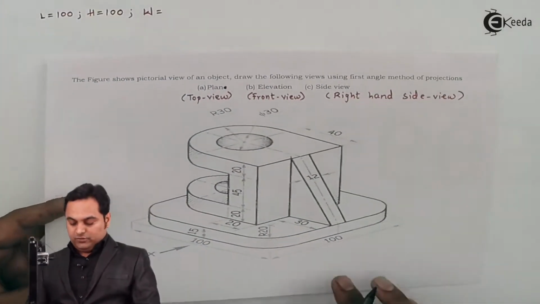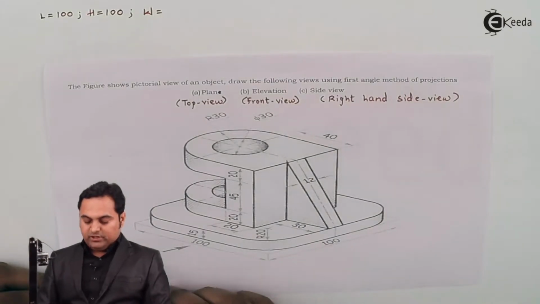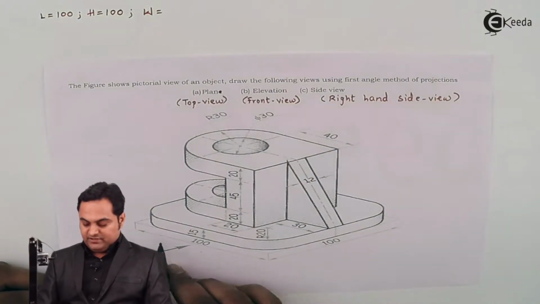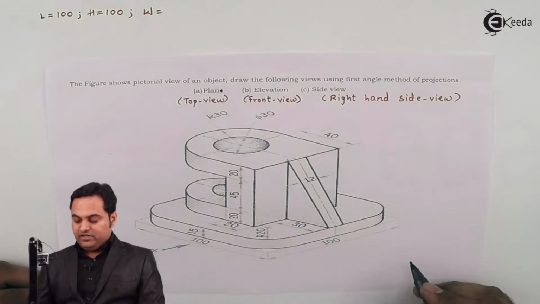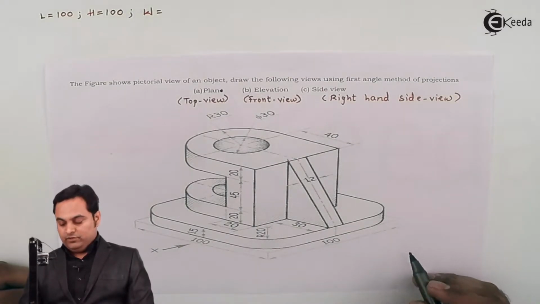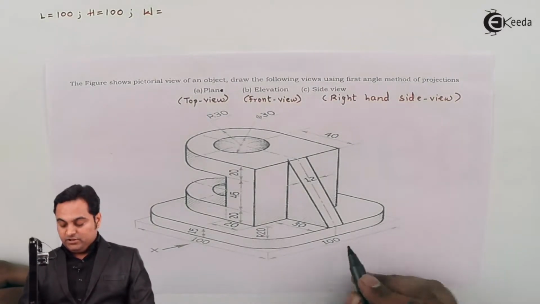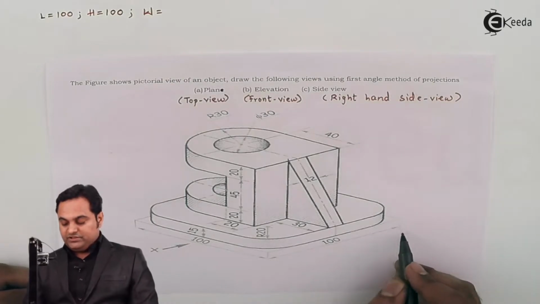Then the width of the object. When we are looking along arrow X direction, we can see the length and height, but if we go to the side view, in that case we can see the width. So the total width of the object is 100 mm.